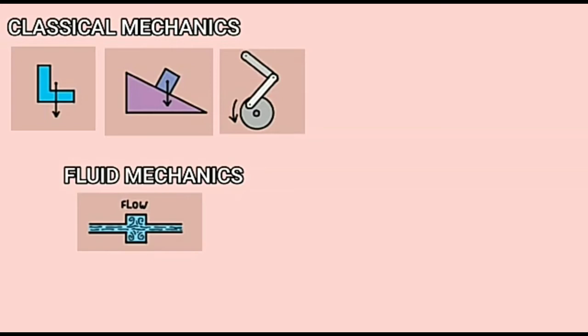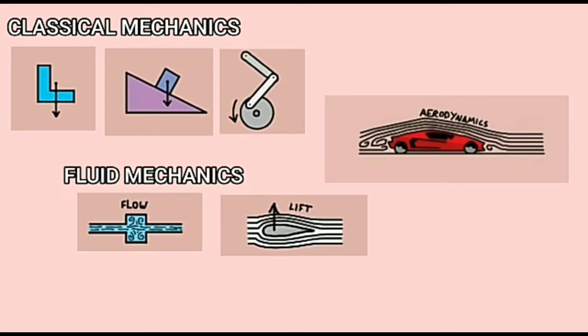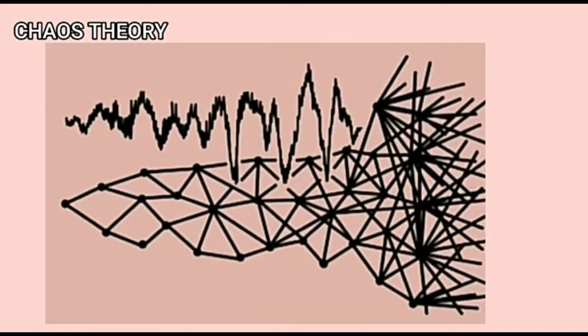Using fluid mechanics, you can work out how much lift is generated from an aeroplane's wing, or how aerodynamic a car is. Fluid mechanics is notoriously difficult, mostly because the motion of tiny things, like molecules, gets really complicated really fast, which leads us to chaos theory. Chaos theory is the description of large complex systems and how small differences in initial conditions can lead to very different final outcomes.